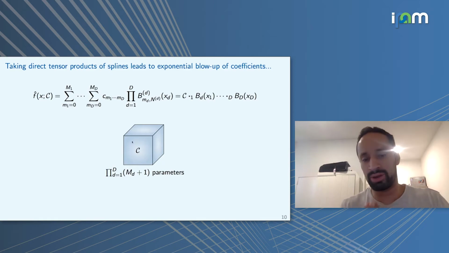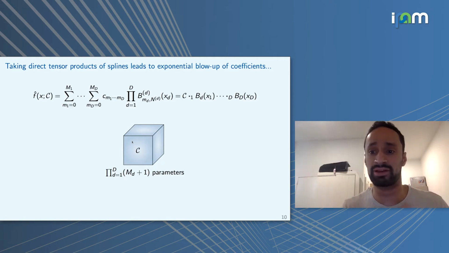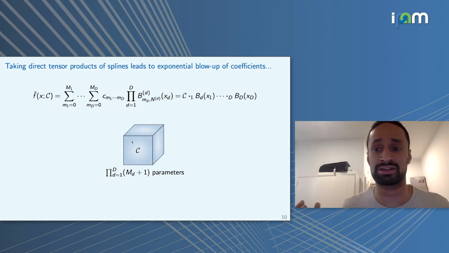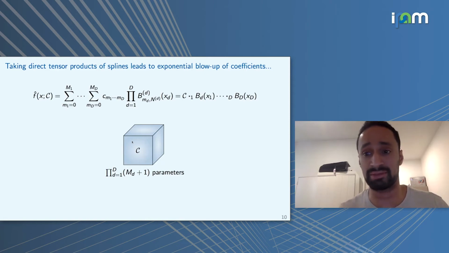But the key point I want to bring out is that when you're working with this form, the size of the coefficient tensor, the number of parameters, grows exponentially with the number of variables. This is prohibitively expensive, and you can't really do much if you go to higher dimensions.